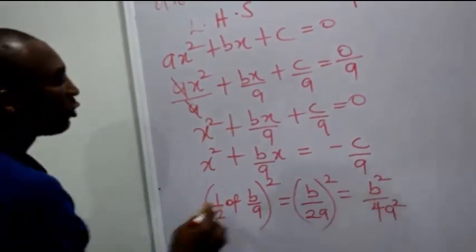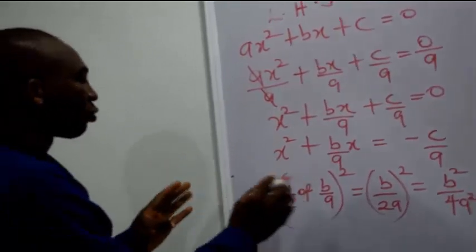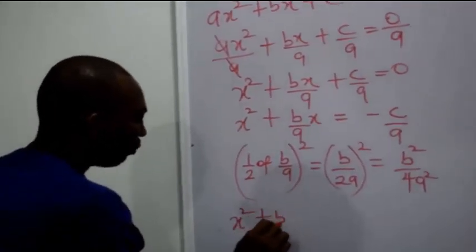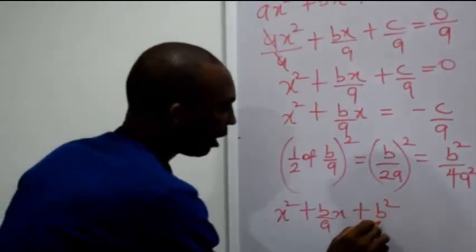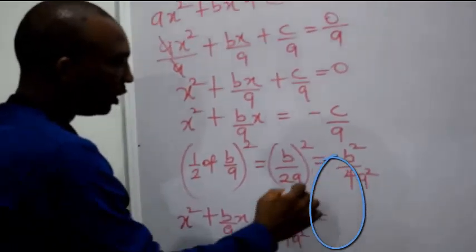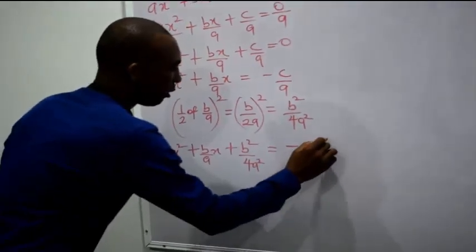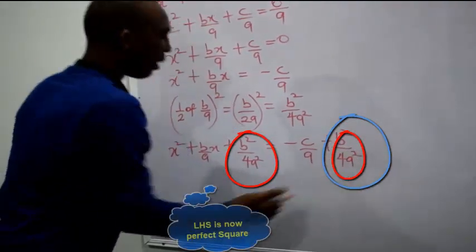So we are adding this to both sides, for the left hand side to give us a perfect square. So that becomes x squared plus b over a x plus b squared over 4a squared equals, remember we are adding this to both sides, minus c over a plus b squared over 4a squared.